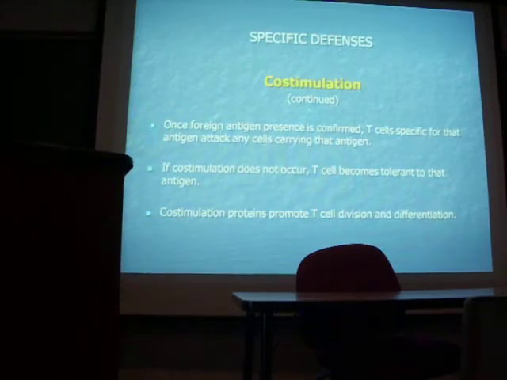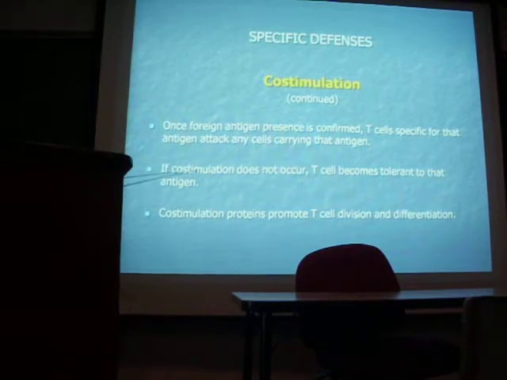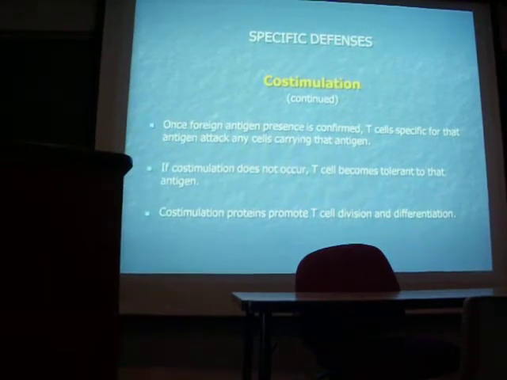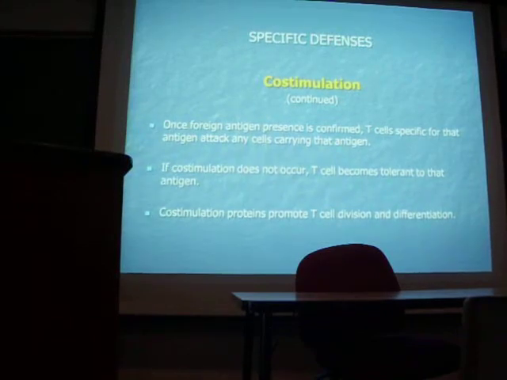Now, once a foreign antigen presence is confirmed, the T cells that are specific against that antigen will attack any cells that are carrying that antigen wherever they are found by those T cells in the body. If co-stimulation does not occur for some reason, the T cell will leave that cell alone.